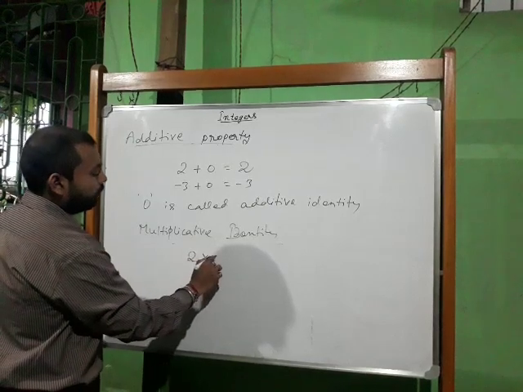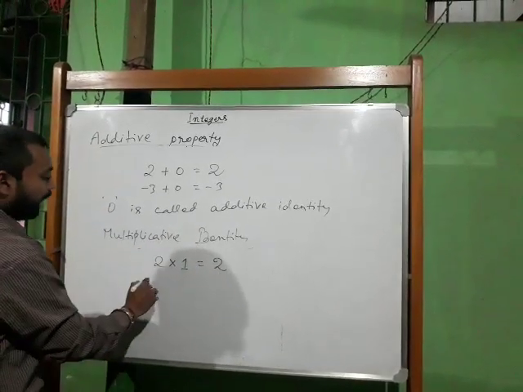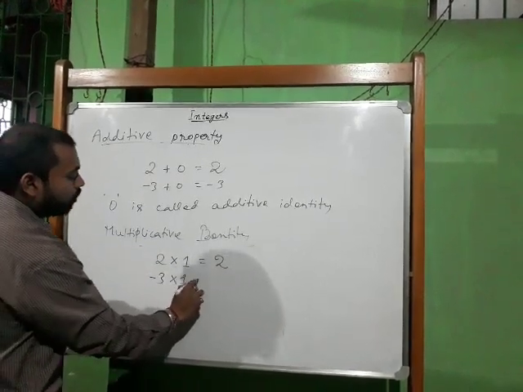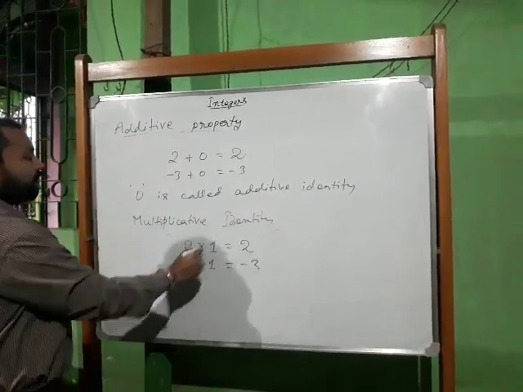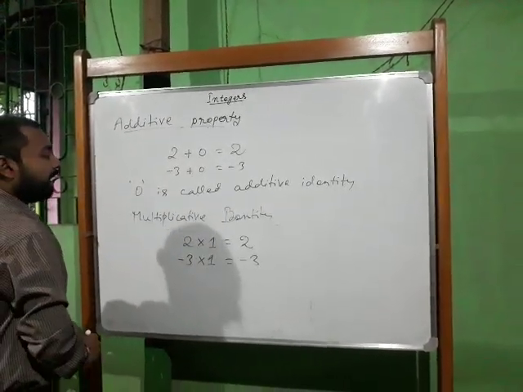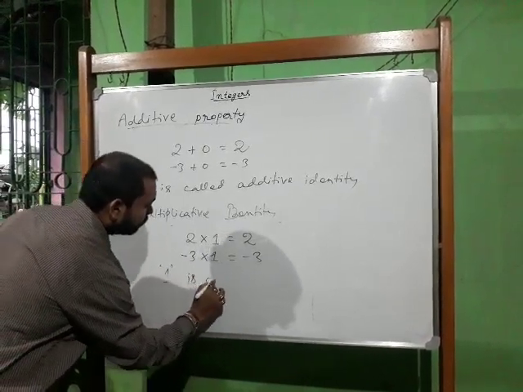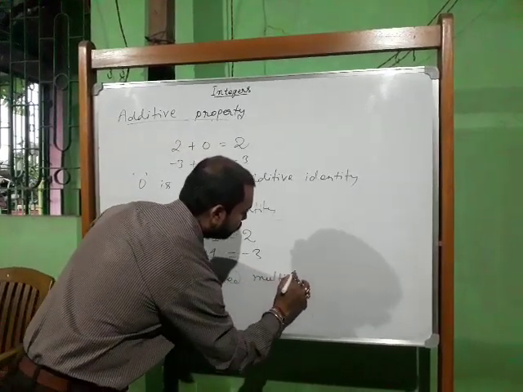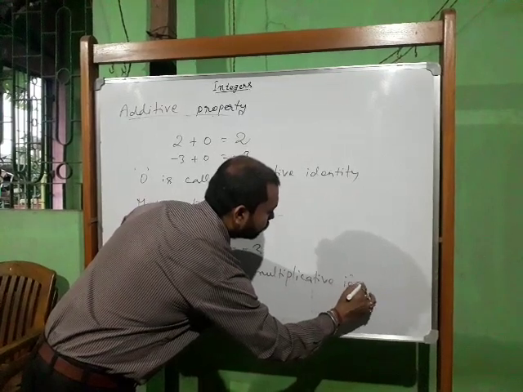If we multiply with 1, the answer will be 2. That is, the value remains the same. Again, if I take minus 3 as an integer, multiplied with 1, the answer is minus 3 only. So that's why 1 is called the multiplicative identity.